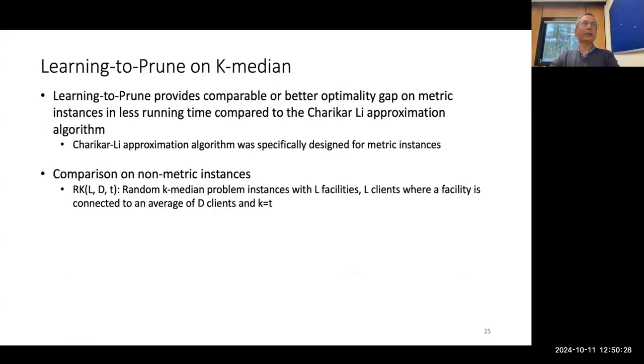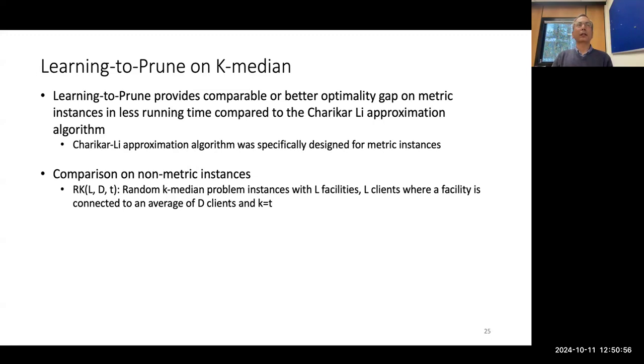Next, I want to talk a little bit about the k-median problem. On the k-median problem, we compared our results with the Charikar-Li approximation algorithm. This is an approximation algorithm that was specifically designed for metric instances, instances where the distances follow the triangle inequality.